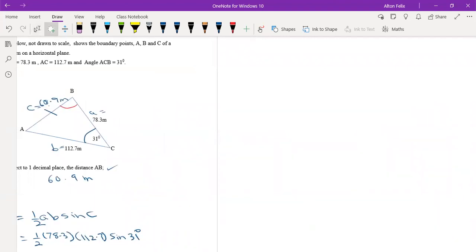The sine rule says we want to find B here. We have the side opposite B, and we also have angle C and the side opposite. So we could connect those two. So the rule says B over sine B would be C over sine C.